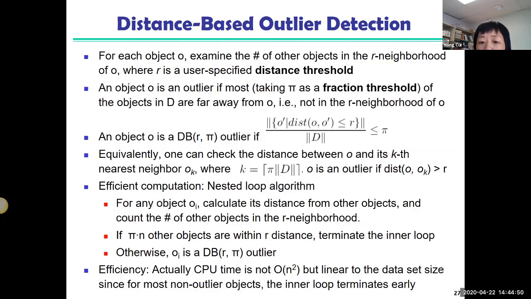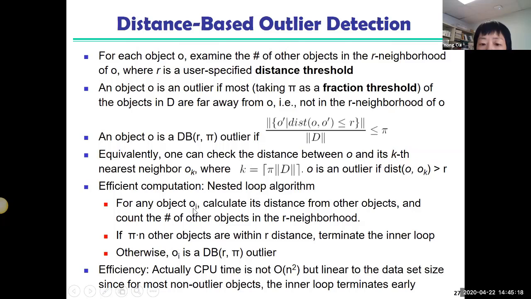If this dot does not have this many dots within its R neighborhood, its proportion to the entire data set, then it is considered a DB(R, pi) outlier. So to do such detection, it's a simple nested loop algorithm.